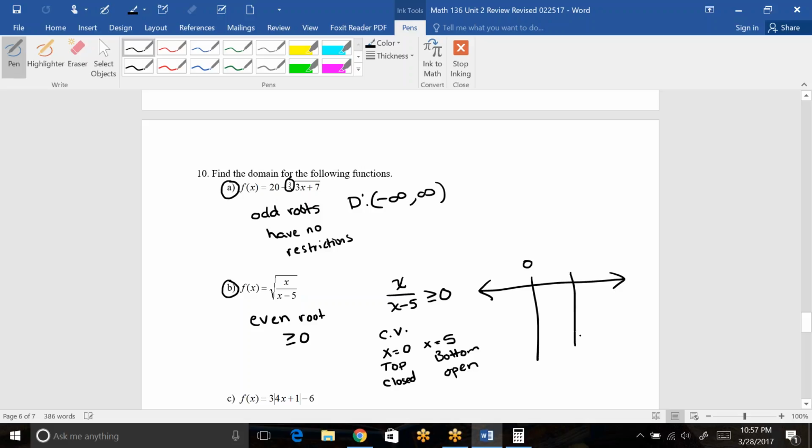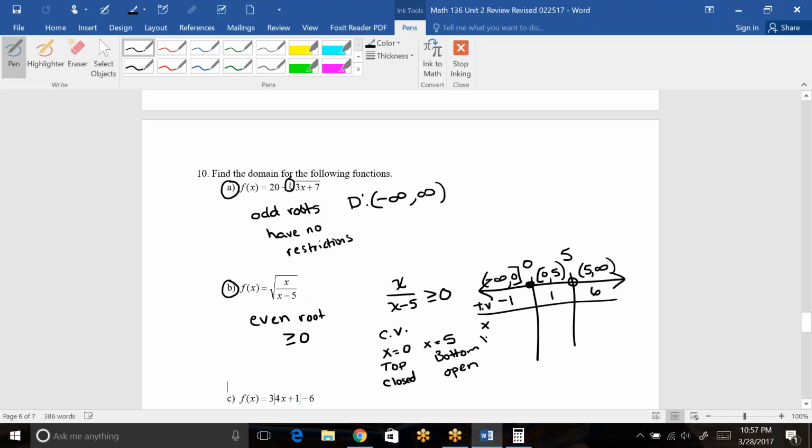So here's 0, here's 5. I need a test value for each one. I could use -1, +1, and 6 because those are on each side of those numbers. This would be closed and open. So that's negative infinity to 0, 0 to 5, and 5 to infinity.